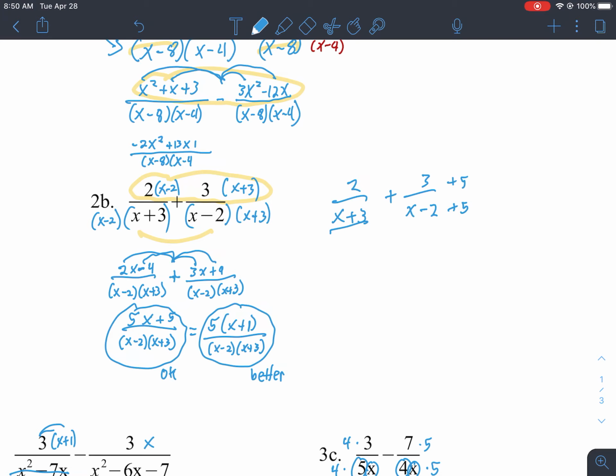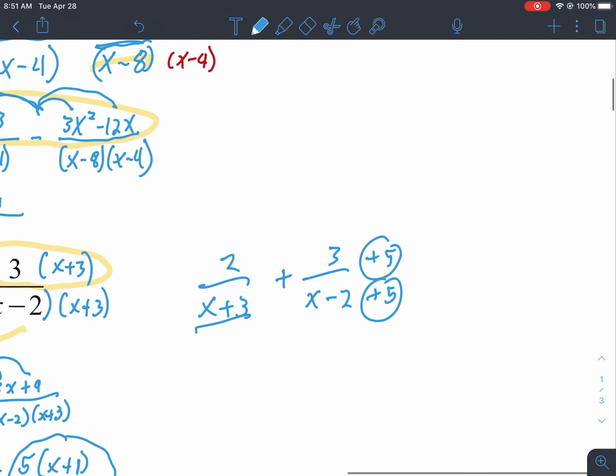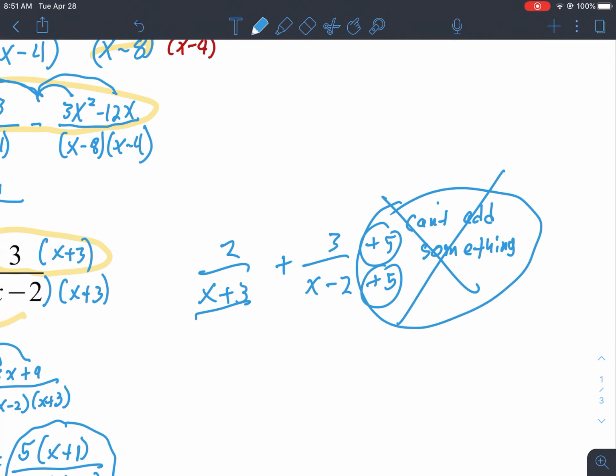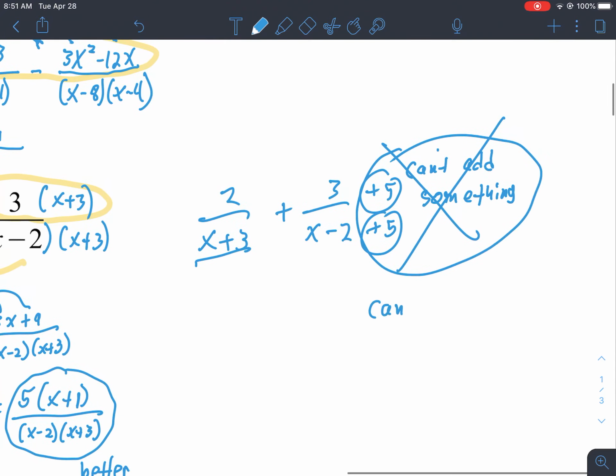So the negative 2 plus 5 is the 3. So can you add 5 to the top and bottom? The answer is no. You can't add something to the top and bottom. You can only multiply. So this doesn't work.